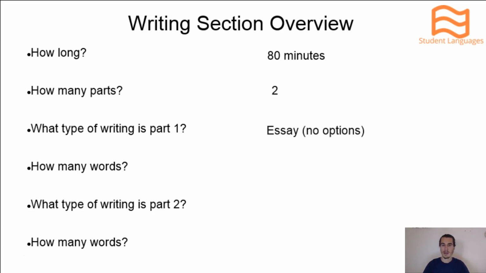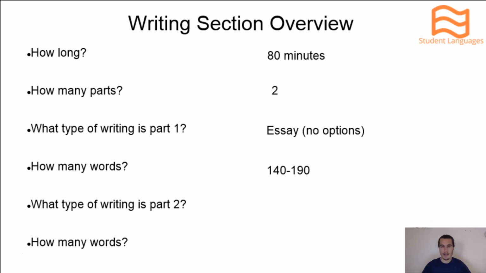In part 1, you have to write an essay. And this needs to be between 140 and 190 words. So when you're practicing for the exam, you should count how many words you write in an essay, and then you should have an idea, after doing this several times, about the size of your writing and how much 140 to 190 words should look like.